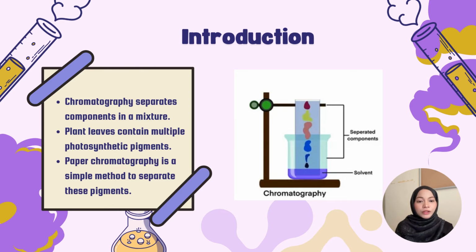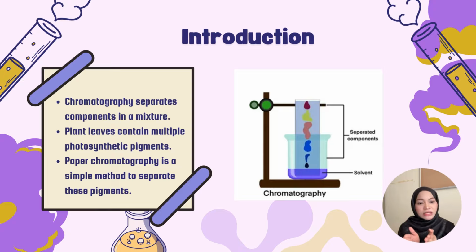Chromatography is an important analytical technique used in chemistry and biology to separate, identify, and analyze the components of a mixture. In plants, leaves contain a variety of pigments that play an essential role in photosynthesis, which is the process by which plants produce their own food. Although most leaves appear green, they actually contain several pigments with different colors and functions, such as chlorophylls and carotenoids.